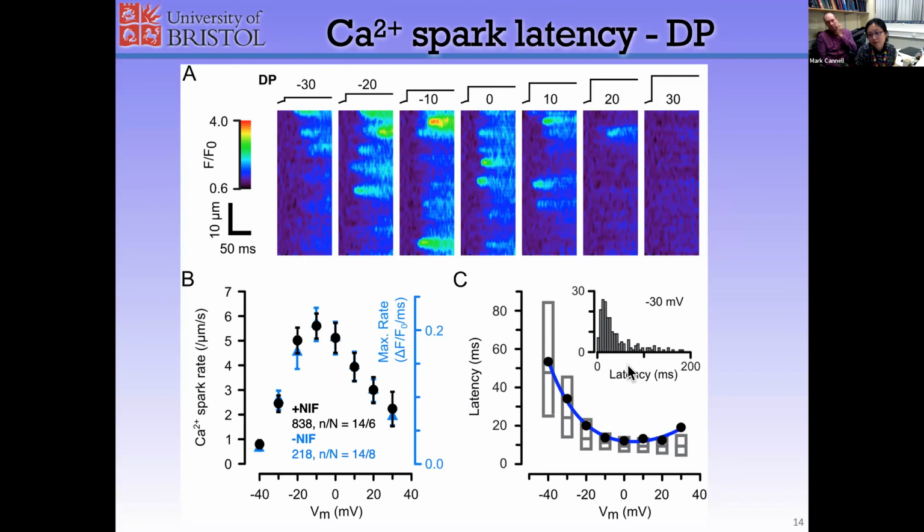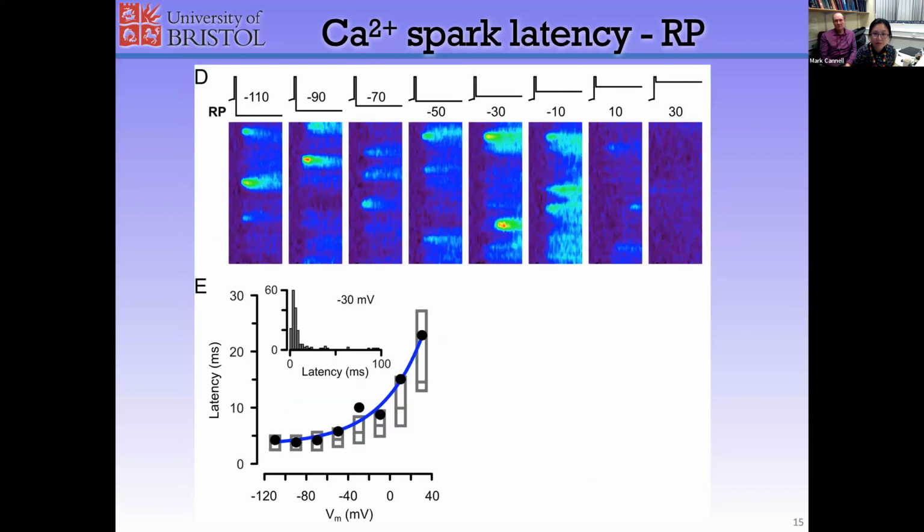Now, since this latency relationship seems to depend on both LCCs and RYRs, we wondered whether we could remove or minimize the impact of L-type calcium channel gating on calcium spark latency. To do this, we used another voltage protocol, which we called the repolarizing step protocol, or RP. In this protocol, we first step the cell to plus 50 millivolts to activate the L-type calcium channels, but prevent any calcium influx until repolarization to the test pulse.